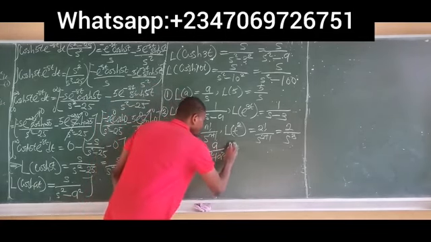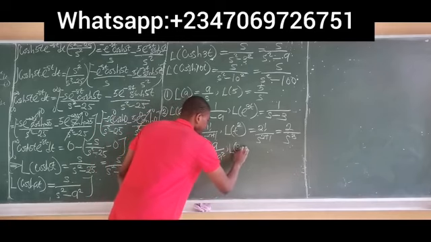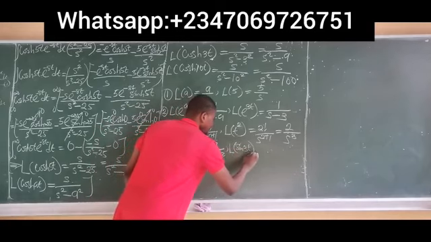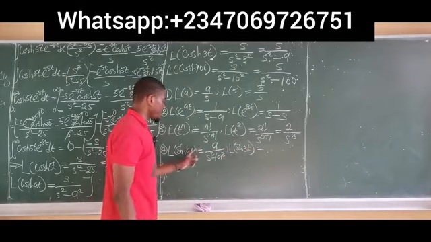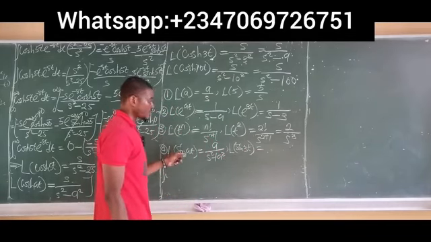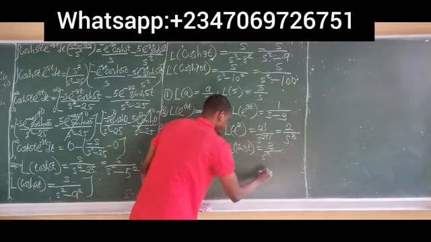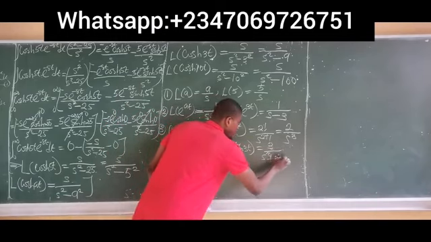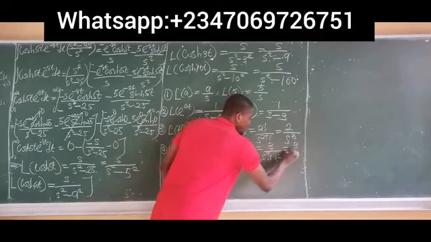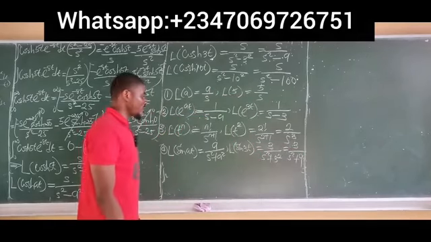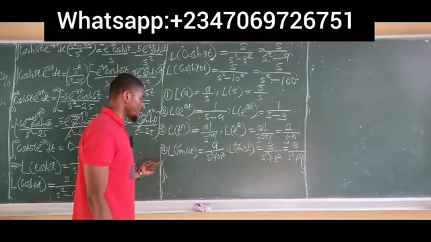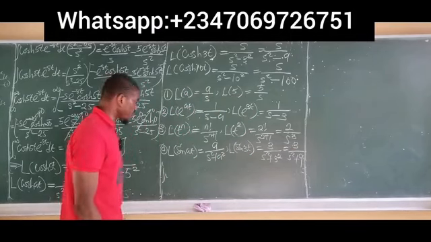So if you're asked to find Laplace of sine 3t, this is simply what? a represents the number or the constant in front of the trig function, in this case now 3. So you simply have 3 all over s squared plus 3 all squared. So this will give you what? 3 all over s squared plus 3 squared is what? 9. That's how to find the Laplace transformation of sine at, or a trigonometric function.